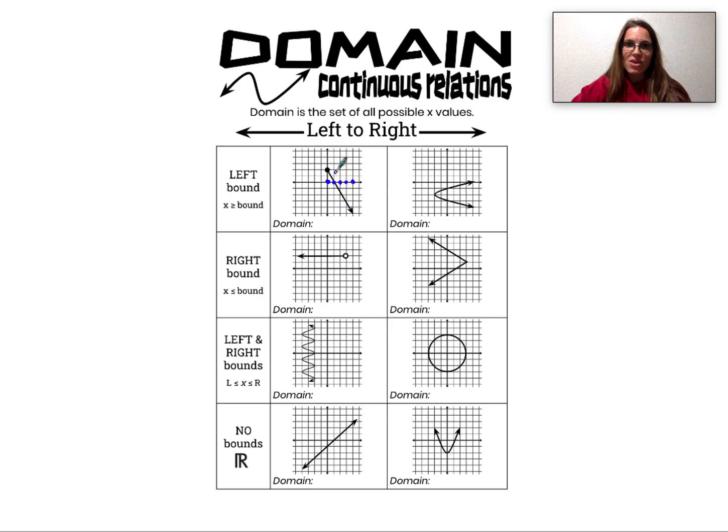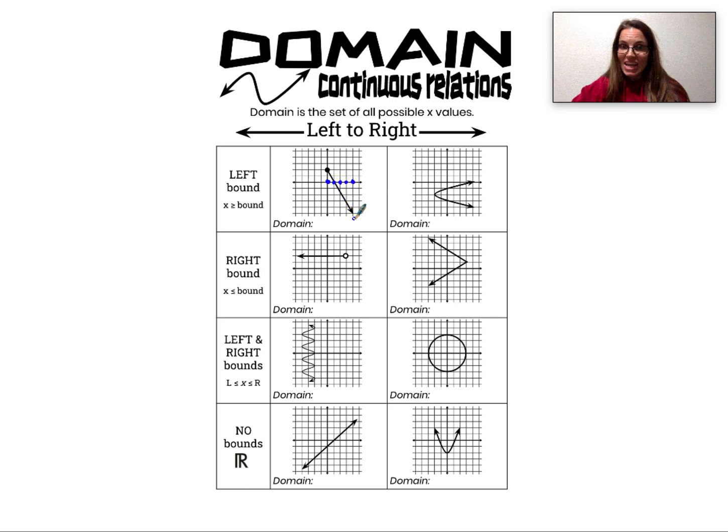Because those ordered pairs are all connected, every single x value in between these integer values also is in the domain. So there's a point on the graph where x is a half, and where x is 2/3, and where x is 1.1, and where x is 2.6.